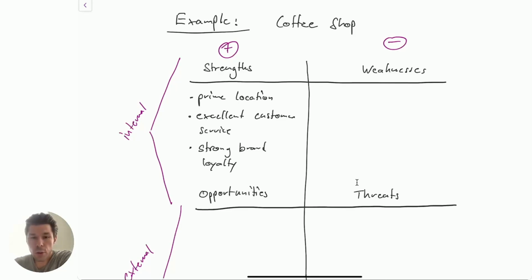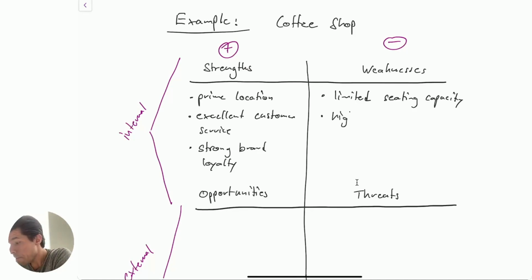Then if we also look at the internal side of the coffee shop, maybe some of the weaknesses could be limited seating capacity, leading to dissatisfaction during peak hours, maybe high operating costs, for example rents or the premium coffee beans.